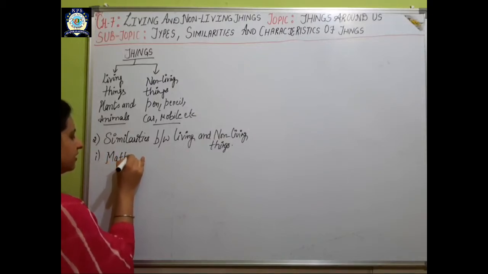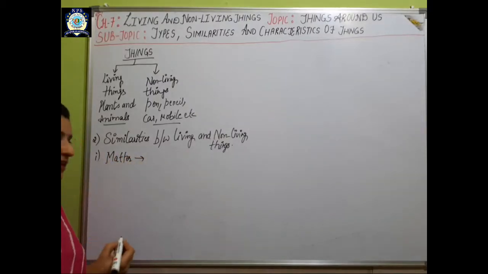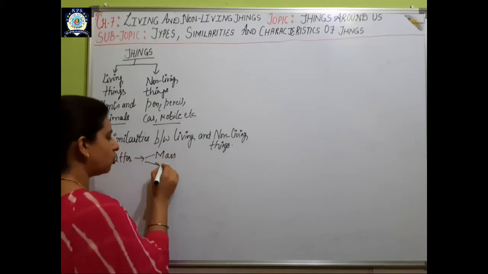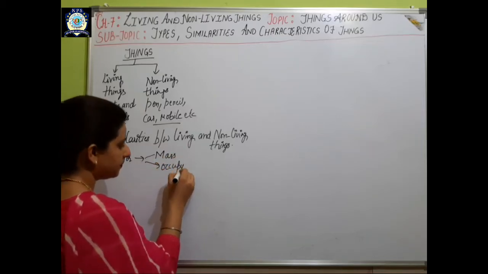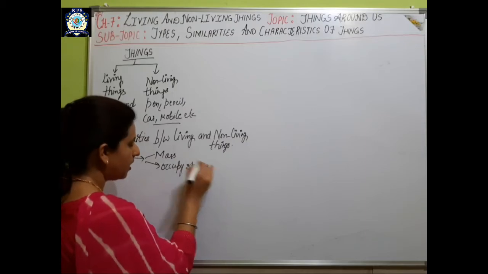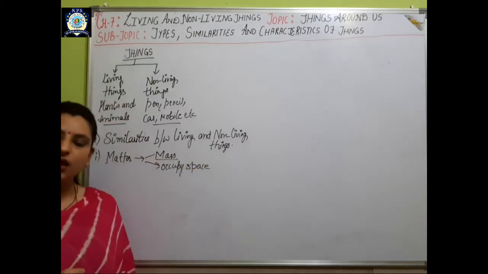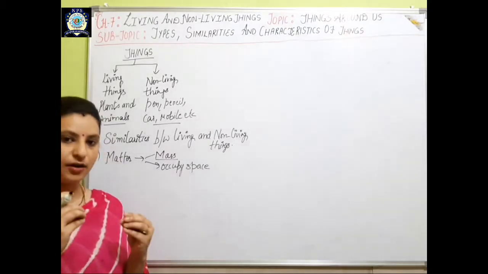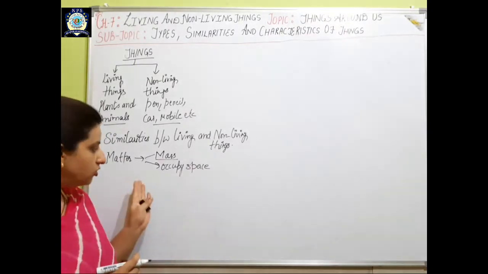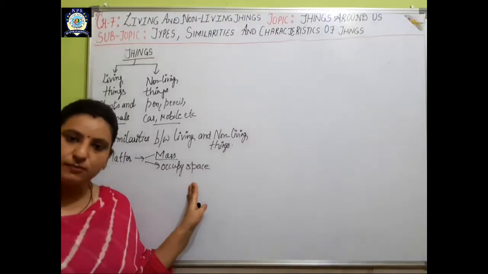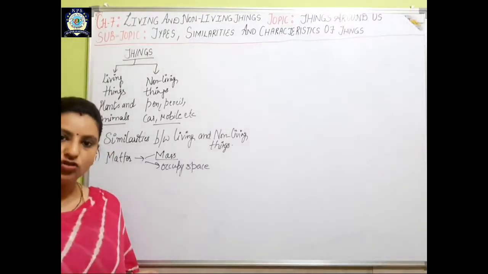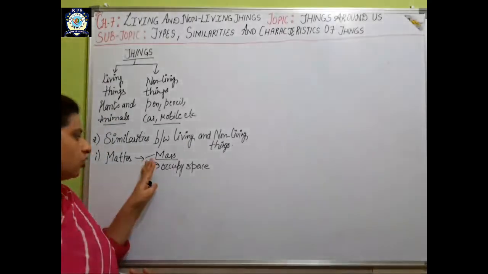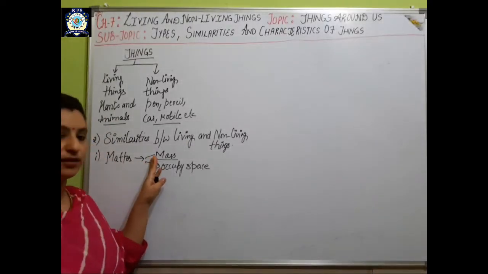And anything that is made up of matter has some mass and can occupy some space. Mass means a definite amount of particles present in a body. Also, occupying space means they cover some space. So either living or non-living, both occupy space and both have some mass.